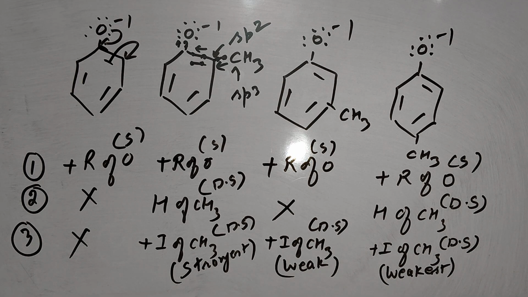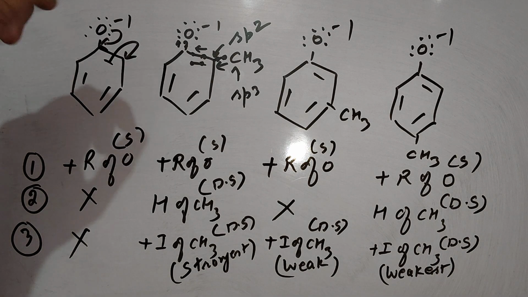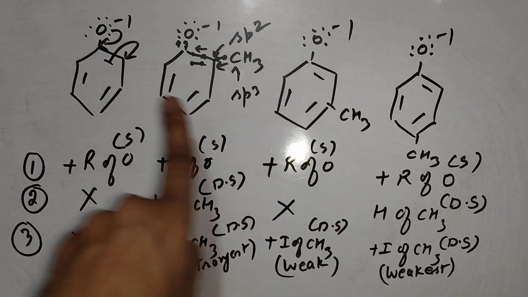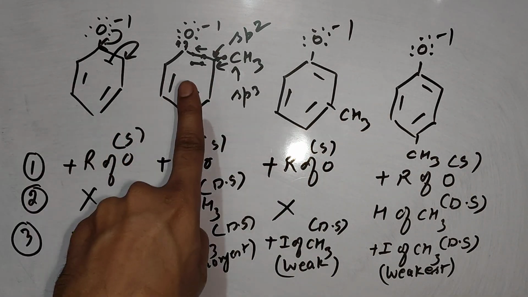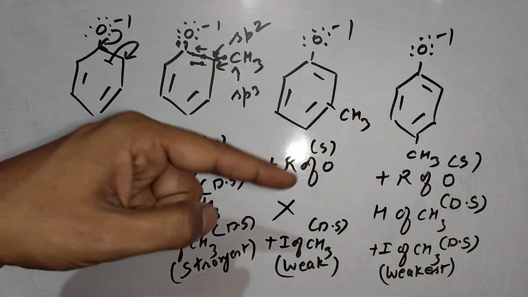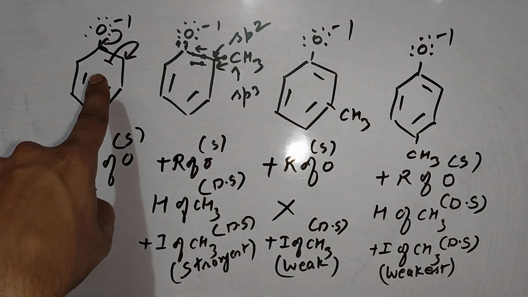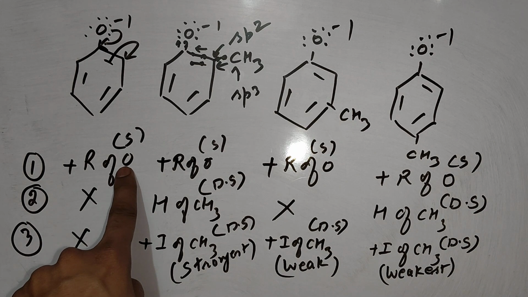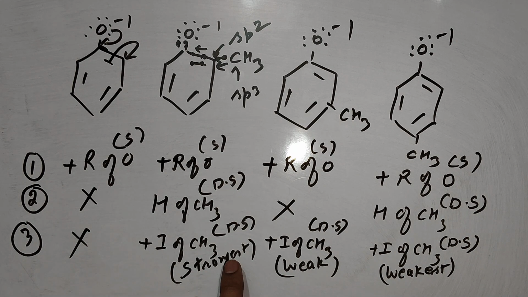Now it's time to conclude. If I talk about these three as compared to this normal phenol, all these three are less stable as compared to this one, because you can check here only one factor is there which is stabilizing, and here two factors are there which are destabilizing.